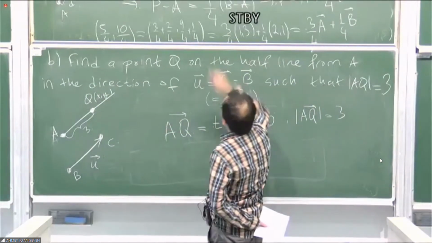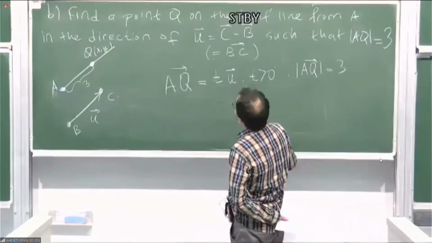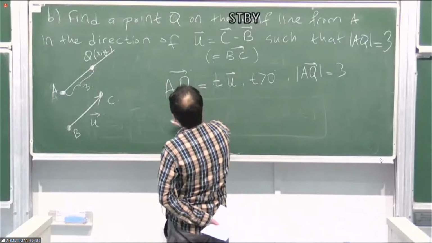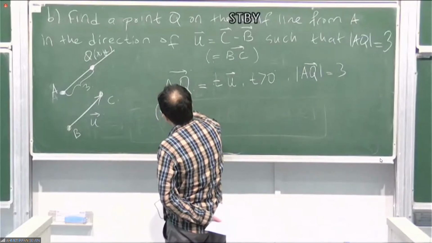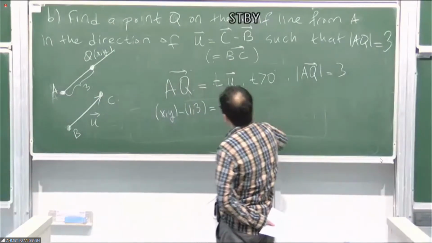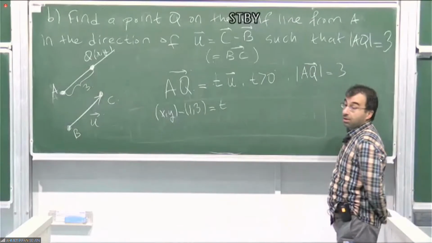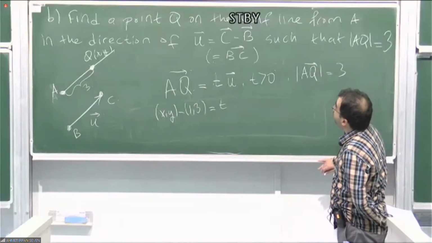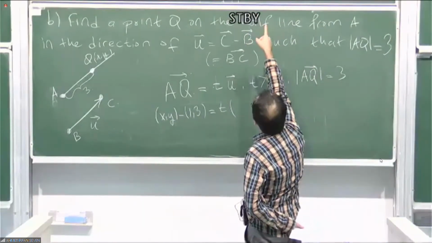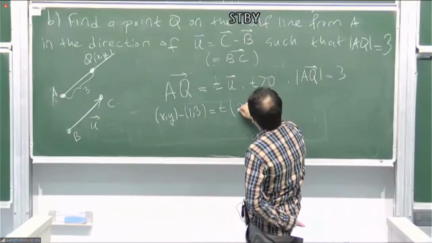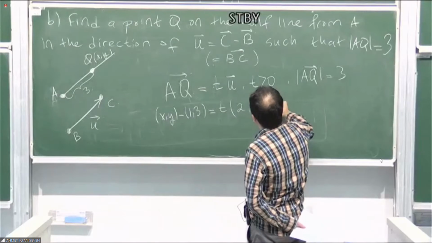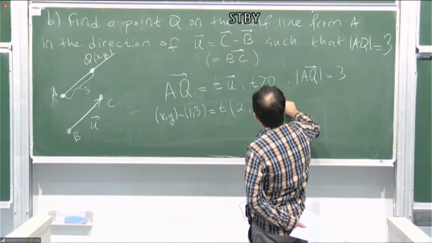Well, AQ is Q minus A. So Q, I don't know. I know A. A is (1, 3). It will be T times U. Do I know U? Yes. U is BC, C minus B. So let's compute C minus B. C is (4, 5), so 4 minus 2, and 5 minus 1, which is 4.